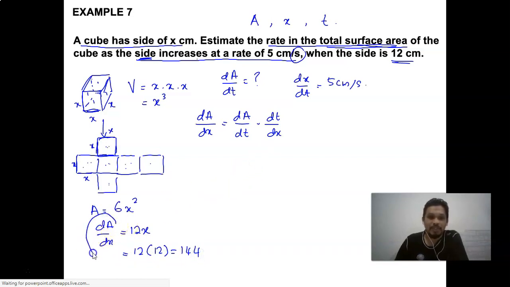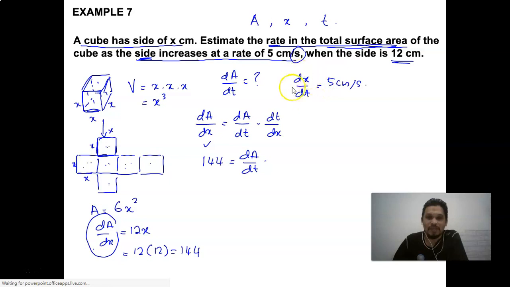Now we substitute dA/dx into this equation, 144, and the question said estimate the rate of surface. Surface is A. Rate means the changes with respect to time, then dA/dt. And then dt/dx.